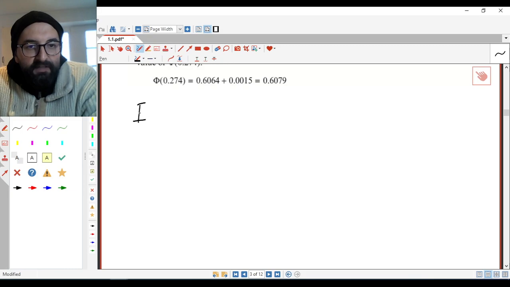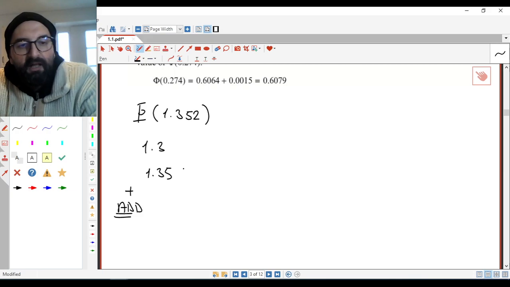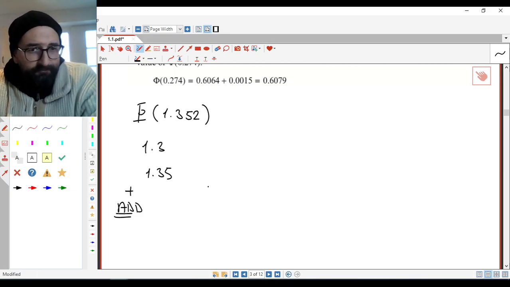Maybe we can find another phi value. For example, phi of 1.3358, okay, or maybe 1.352. Firstly, we have to find 1.3, and then we have to find 1.35, and we have to look at the column, and then we can access the result.